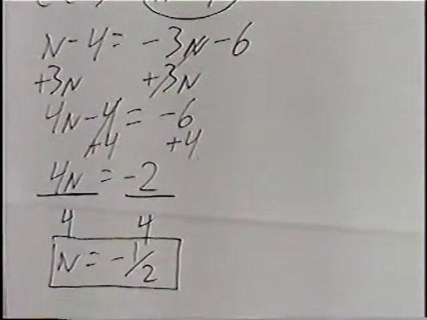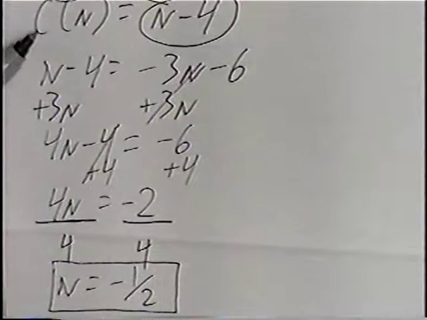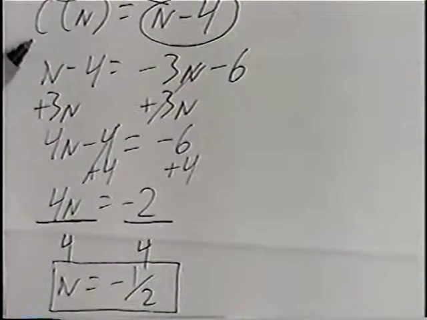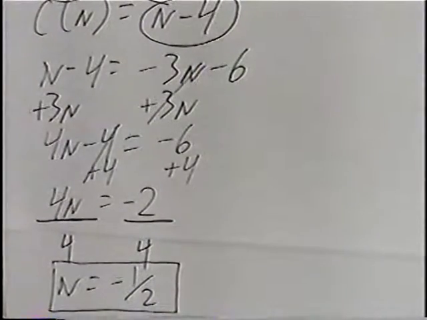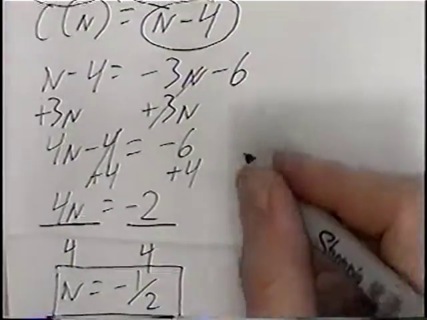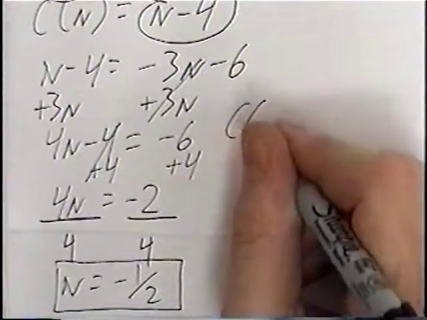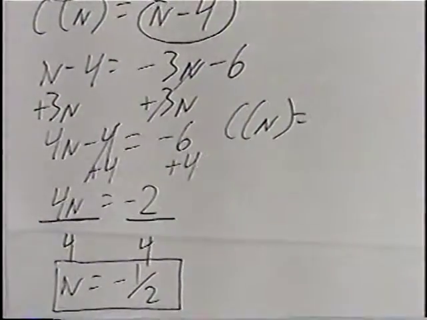And again, keep in mind this is one answer to the question. Looking back at the original equations, we still want to solve for the second variable, c of n. You can use either of the first two equations to solve. If we take the second equation, which is c of n equals n minus 4.